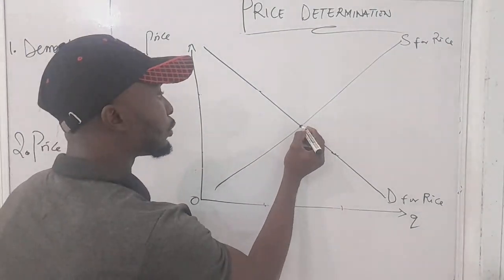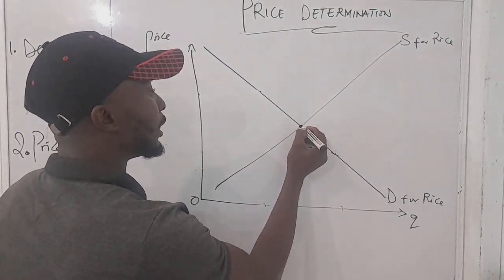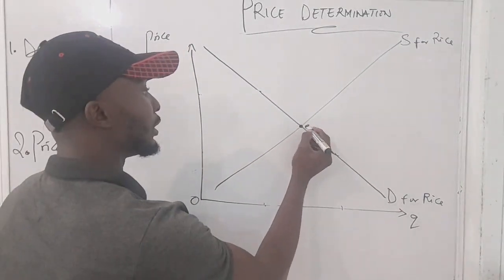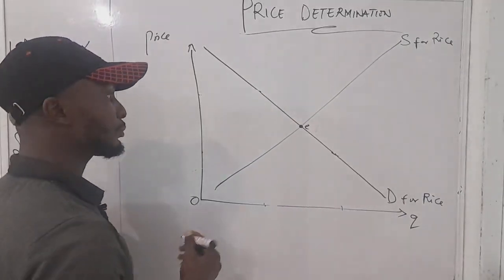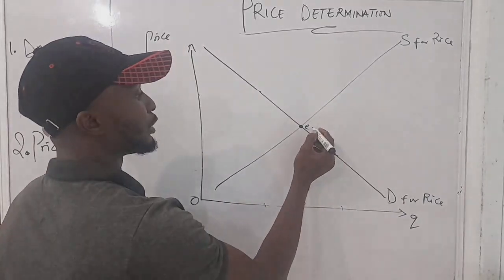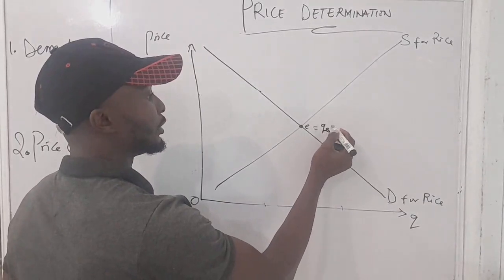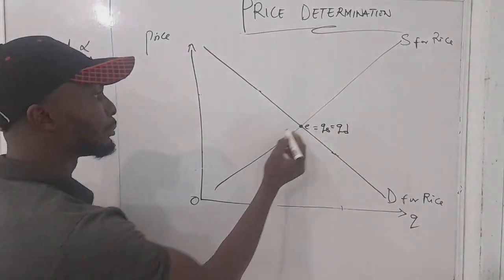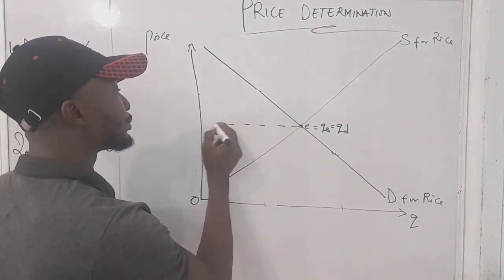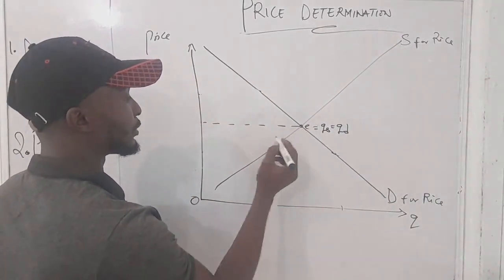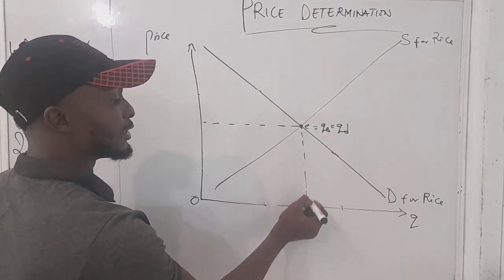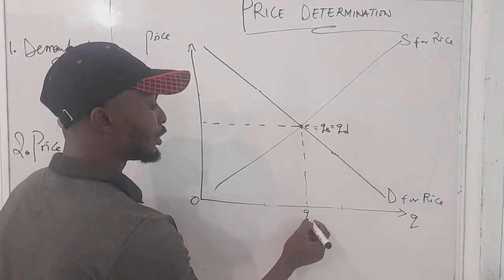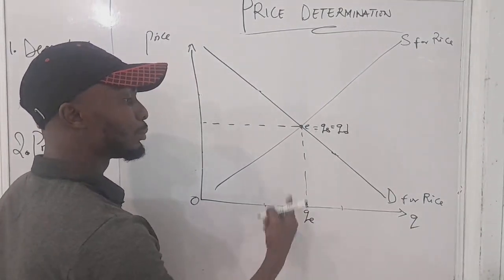The point where the demand and supply curves intersect is what we call the equilibrium position, or the equilibrium point. So this is where QS is equal to QD. At the equilibrium, we have a definite price, a single price, and we have a single quantity. Now, this quantity is known as QE, which is the equilibrium quantity.